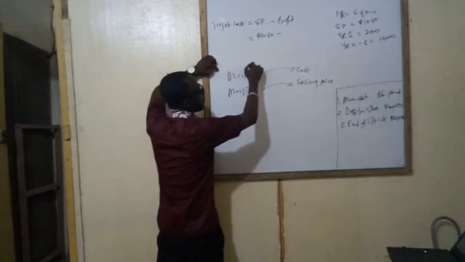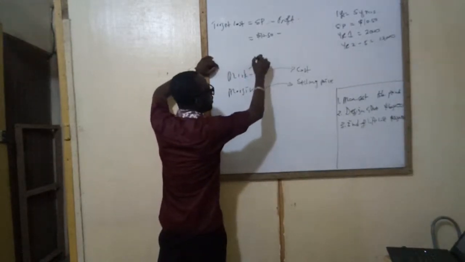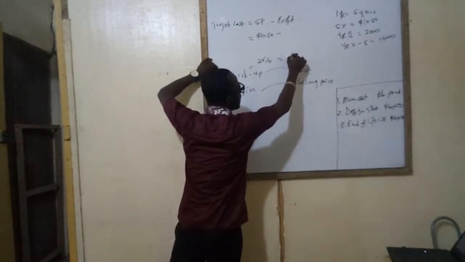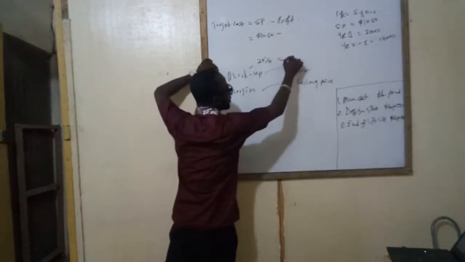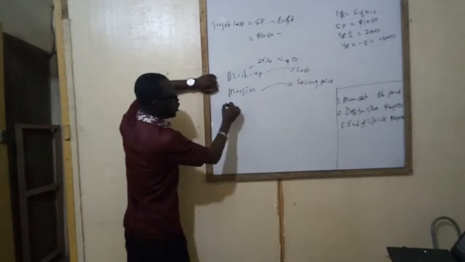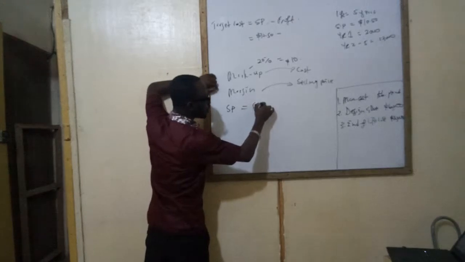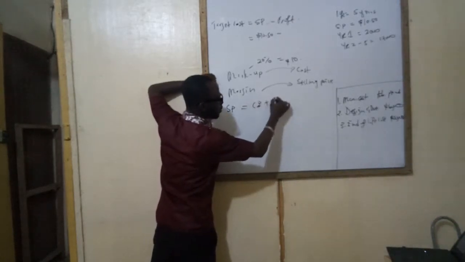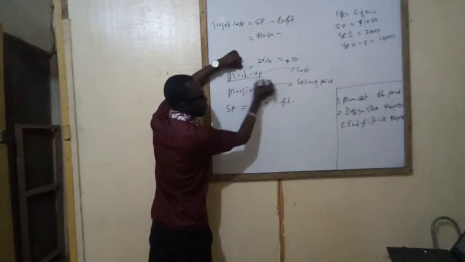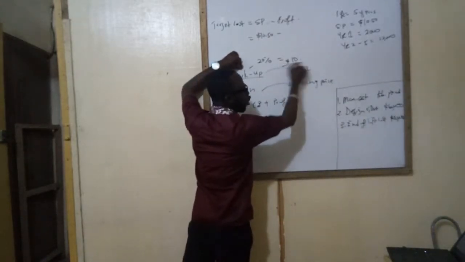If I say that we have a markup of say 20% and we have a cost of say $10 and we are looking for the selling price, how do we go about it? You know that selling price is equal to cost price plus profit, isn't it? So we are given a markup and we are given the cost.